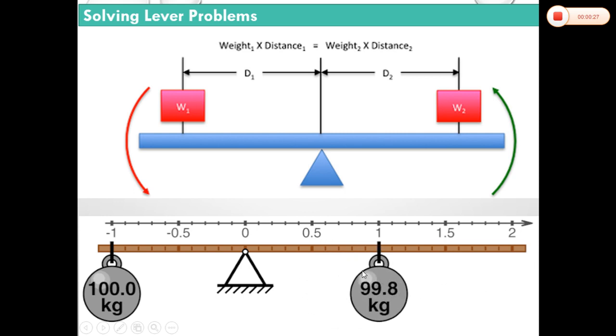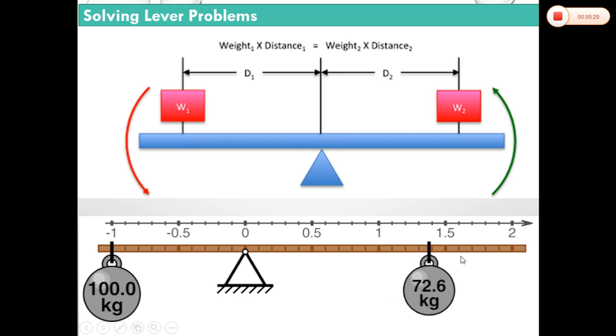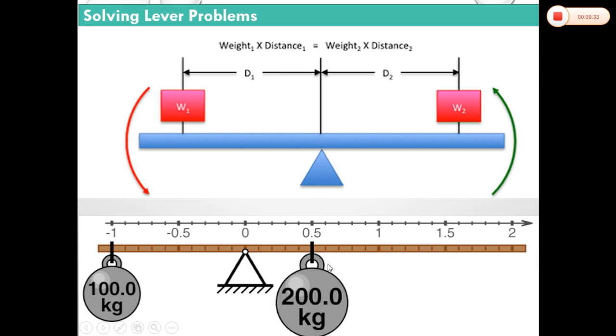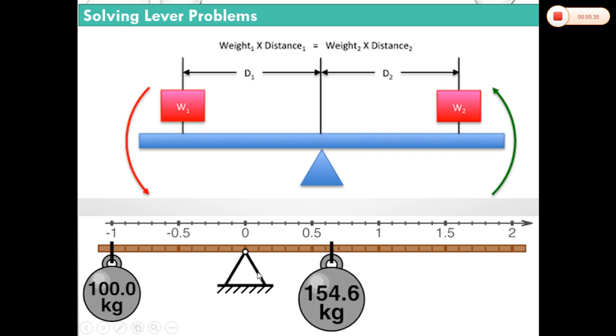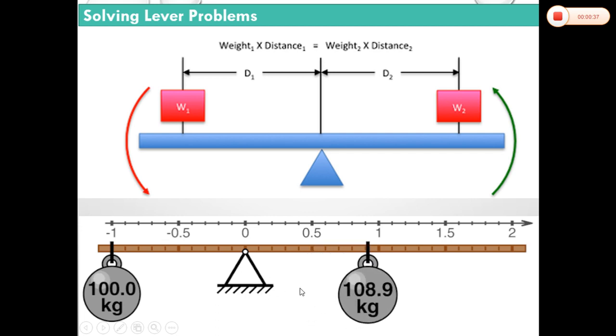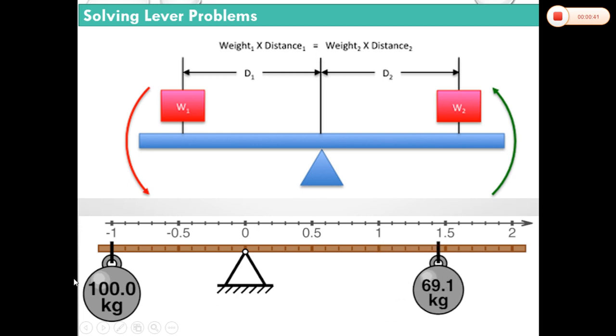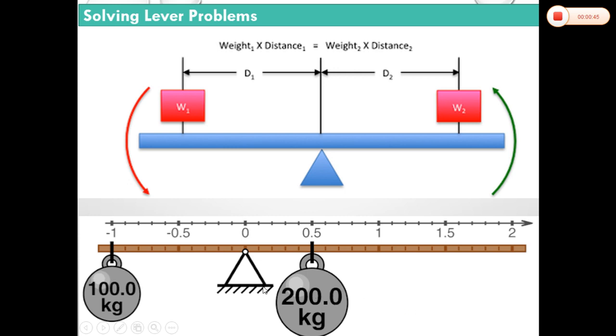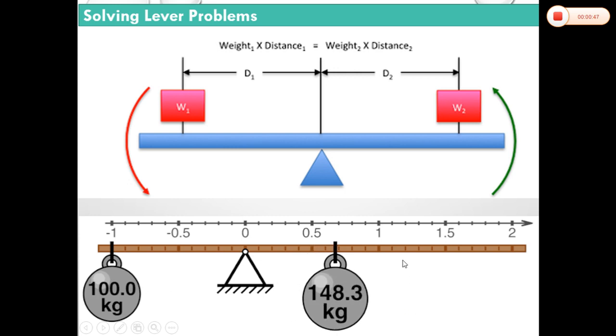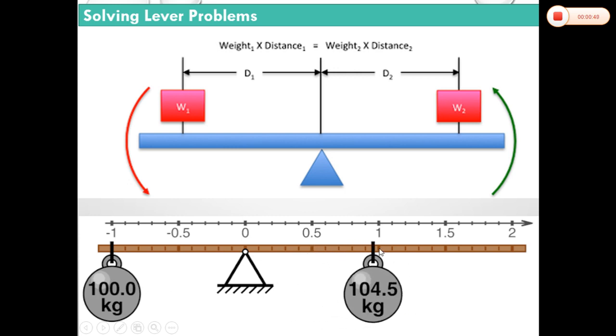As the weight goes further back, it becomes lighter. But if it is closer to the fulcrum, the weight is much heavier than the weight on the left side. It is only equal to the weight on the other side if the distances are the same.